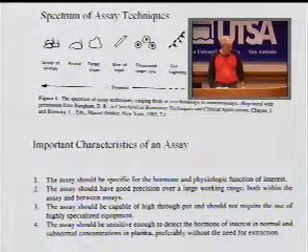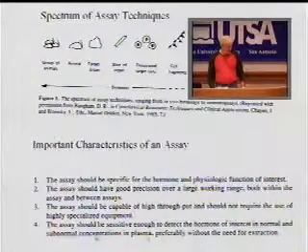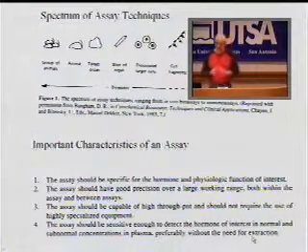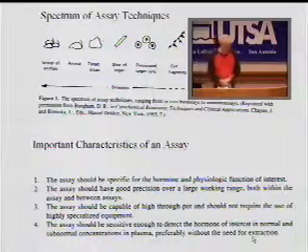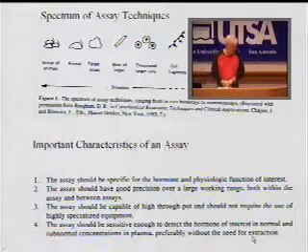So the assay should be sensitive enough to detect the hormone of interest in normal and subnormal concentrations in the plasma, preferably without the need for extraction. That's referring to extraction of the hormones from the solution.